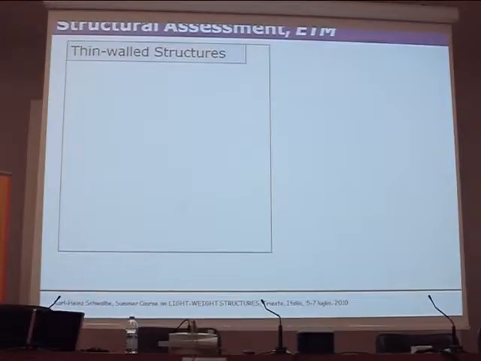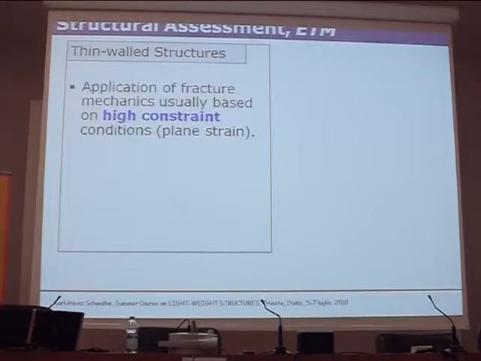Now, back to thin wall structures. I told you already on Monday, just repeating here, that the application of fracture mechanics is usually based on high constraint conditions for plane strain.